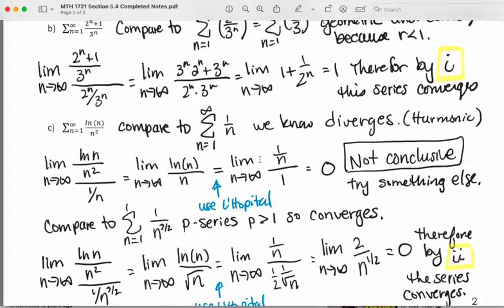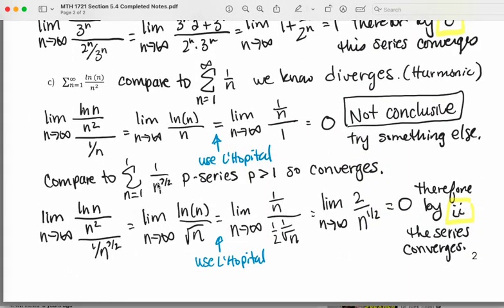So by picking 1 over n to the 3/2, I know that this converges, and therefore the series natural log of n over n squared converges as well.